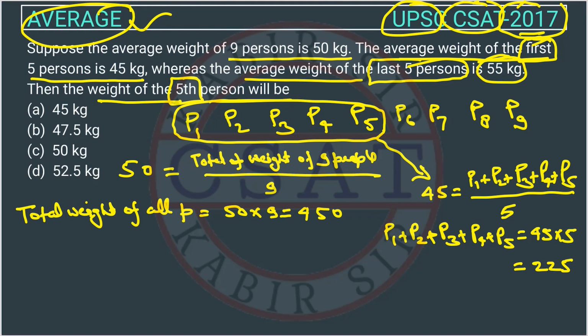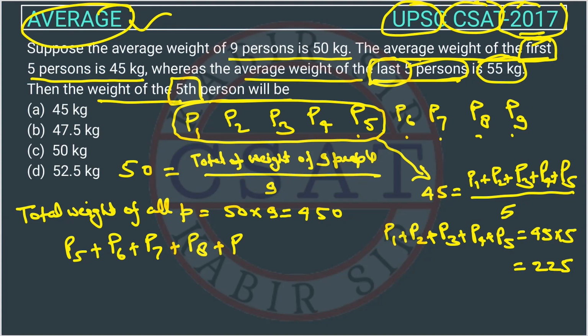Okay. Now, the average weight of the last 5. So the last 5 are P9, P8, P7, P6 and P5. So these are the last 5, which means P5 plus P6 plus P7 plus P8 plus P9.